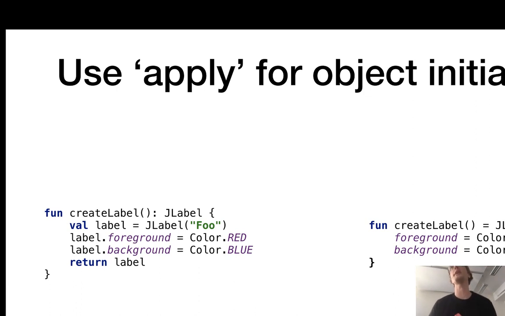The apply function takes a block of code as a parameter, and inside this block of code, you can directly access the properties of the object that was on the left-hand side of the apply. So in this case, I have this label. It's on the left-hand side of apply, and so the assignments to properties inside of this block, like foreground and background, are just assignments of properties of this label.